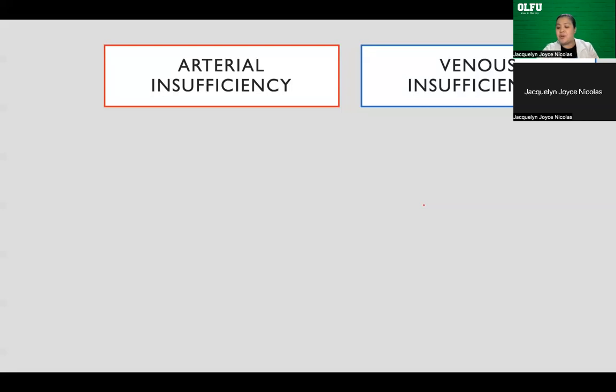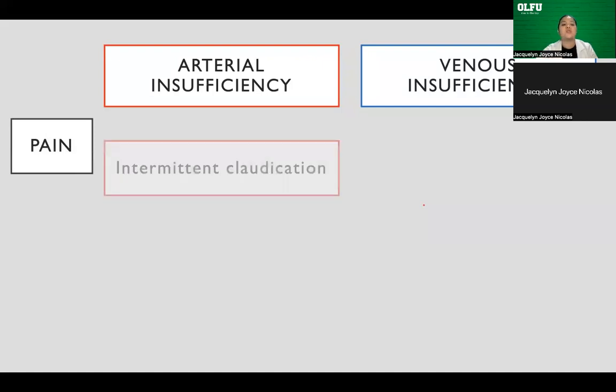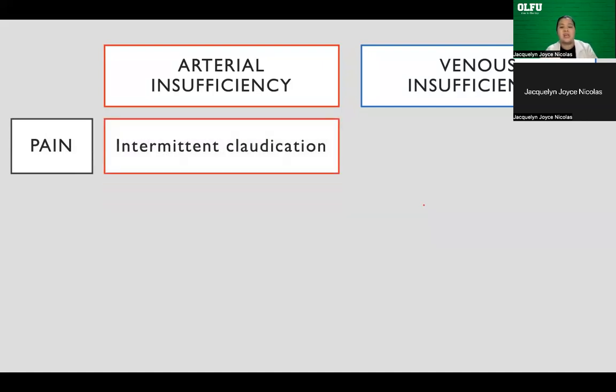Now, let's start first with pain. Okay, clients with arterial insufficiency experiences what we call as intermittent claudication. When we say intermittent claudication, this is when there is muscle pain that happens when they are active, or when they are walking, or maybe having an exercise or running, masakit siya.